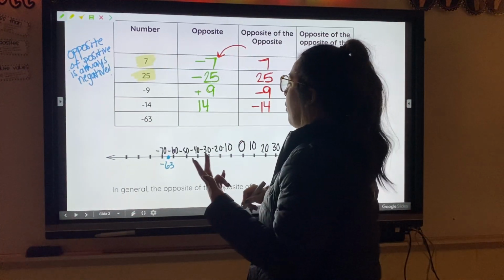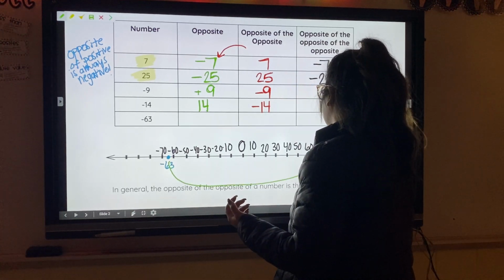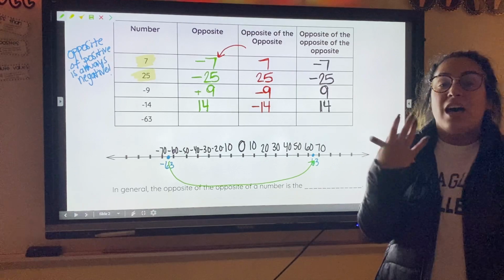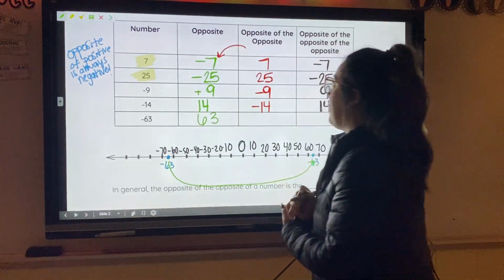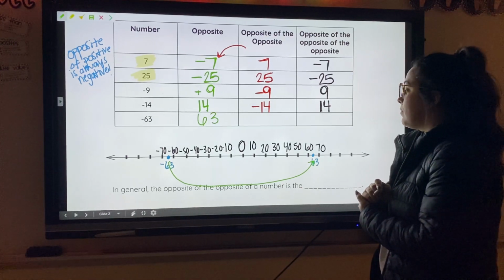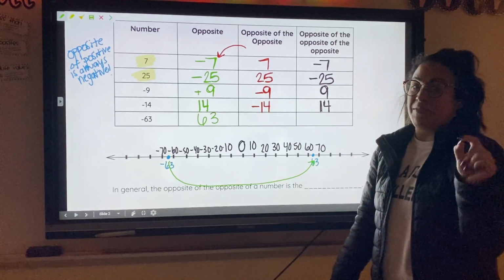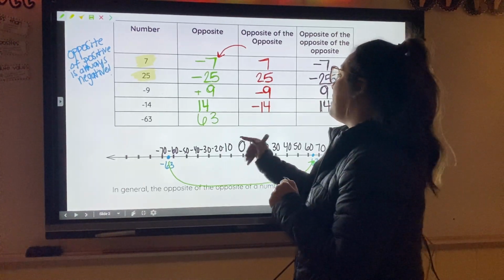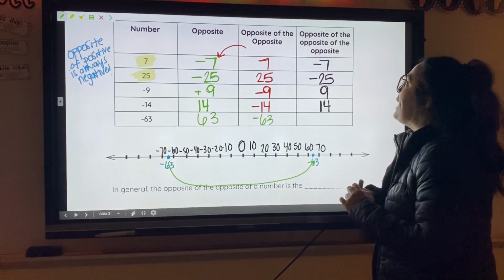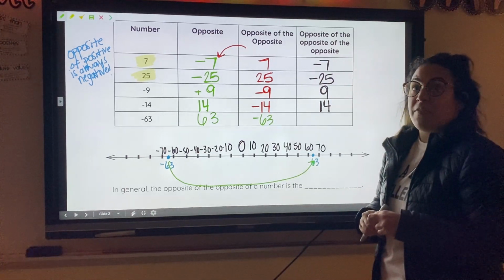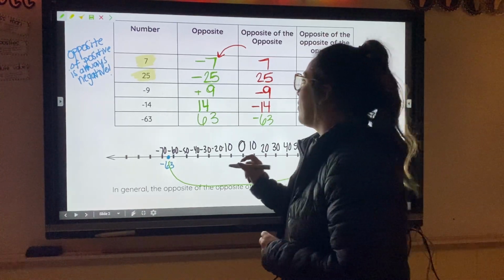So to figure out the opposite of this, I'm going to go to the other side that I just marked. And look at that. The opposite of negative 63 is positive 63. And then the opposite of that, to save time, is going to be negative 63 because we're going to go back in that direction. And then the opposite of the opposite of the opposite is going to be positive 63.